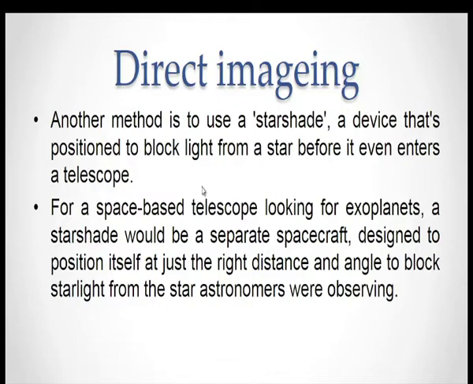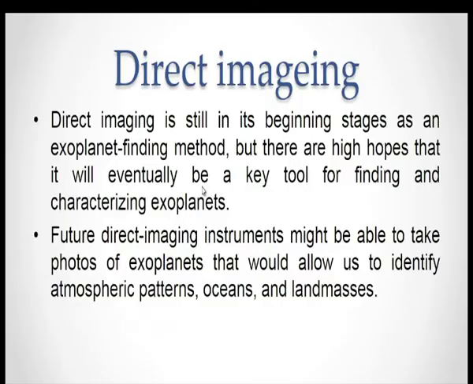If you want to observe an exoplanet around a star, first you orient the star shade towards the star around which the exoplanet is revolving. Then switch on the space telescope, and you will get the photograph of the exoplanet. This is the direct imaging technique used by astronomers to image exoplanets.